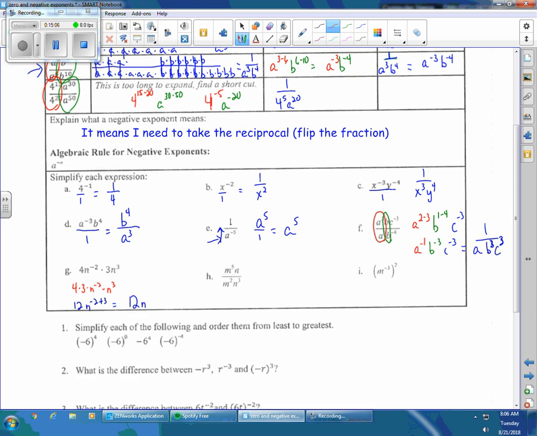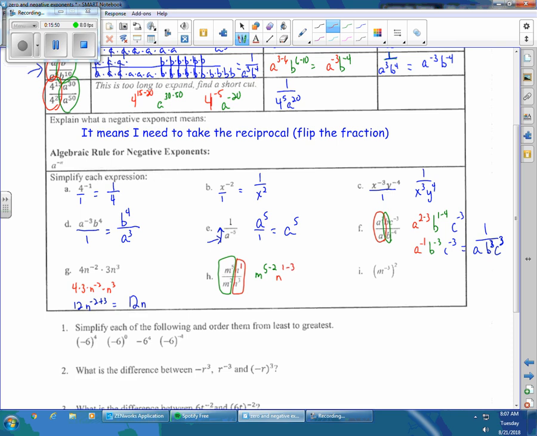So the next one, m to the fifth times n divided by m to the second times n to the third. So again, this is a division, so I'm going to group my m's and I'm going to group my n's. Okay, so m to the 5 minus 2 times n to the 1 minus 3.